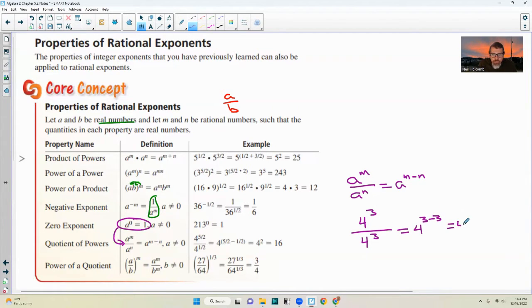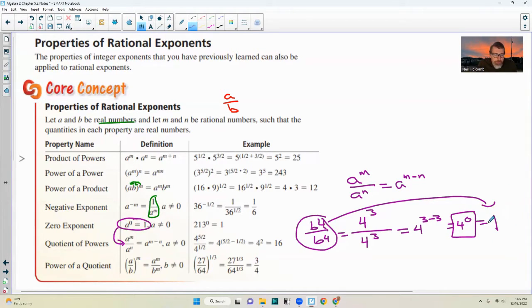Well, that's obviously 4 to the 0, and 4 times 4 is 16, times 4 is 64. Well, this would be 64 over 64 if I went the other way. If 4 cubed over 4 cubed, anything divided by itself is, drum roll, 1. And that is why something to the power of 0 is 1.